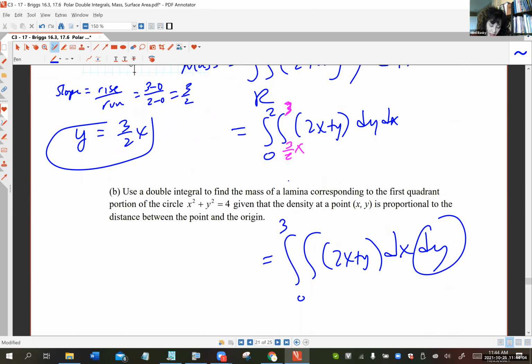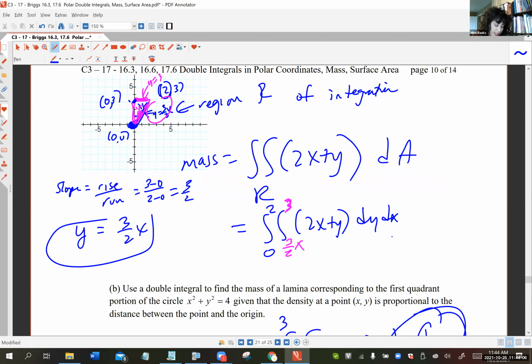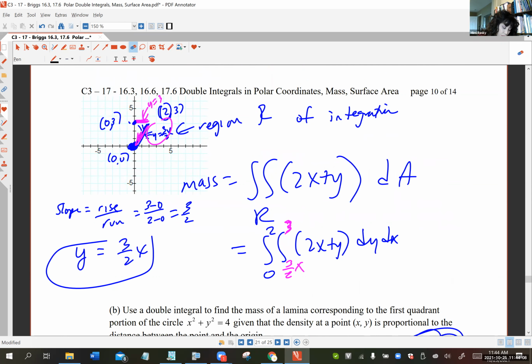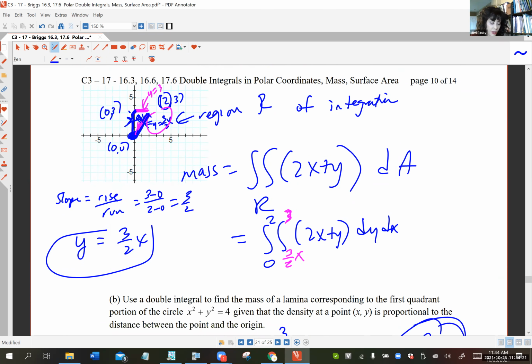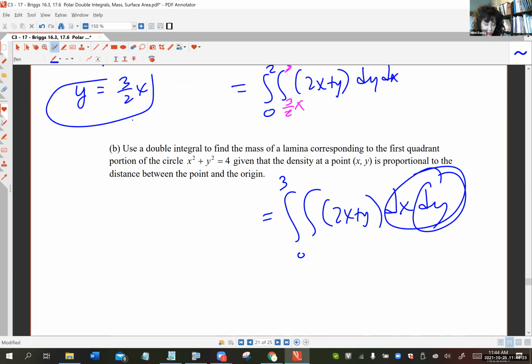What's x doing? Remember, dx dy is the horizontally simple choice for integration, so you're going to have to put your little man in there sideways. His head is touching the diagonal line. That's the upper limit for x. And then his feet are going to be touching the y-axis. That's going to be easier. That's x equals 0.